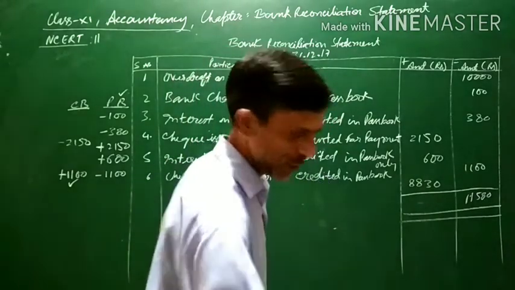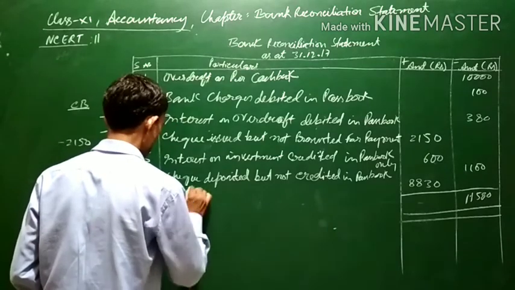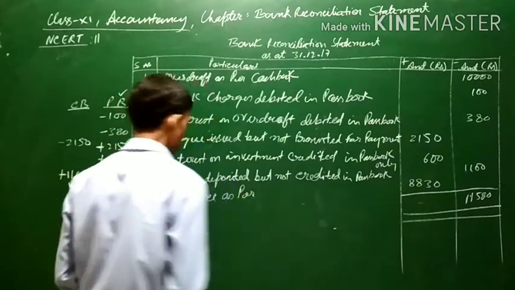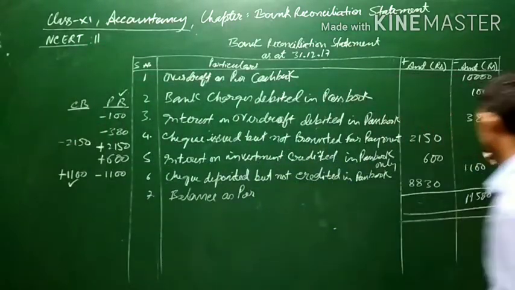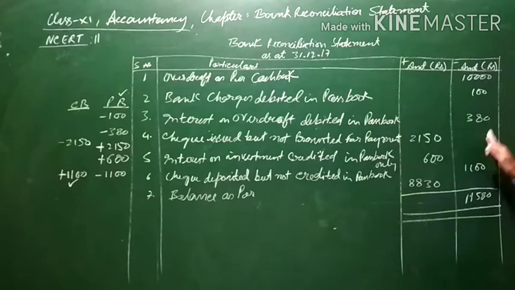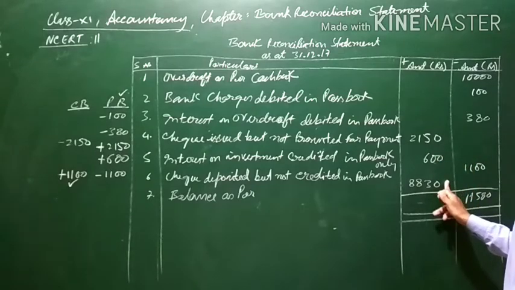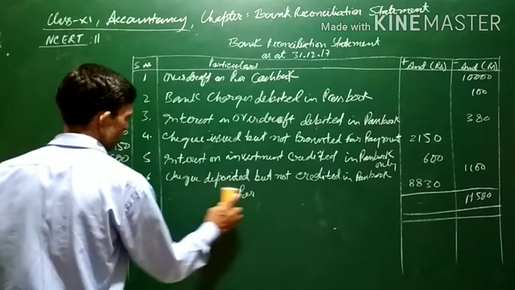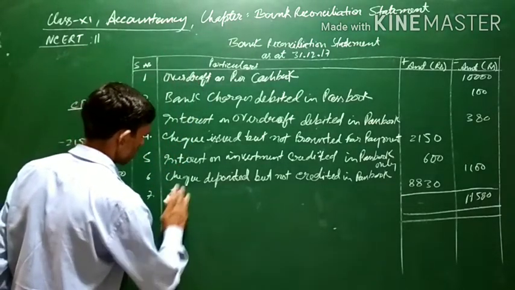This is the balance as per the passbook. Since there is an excess of negative balance, means the minus column is more than the plus column, it will be considered as unfavorable balance.